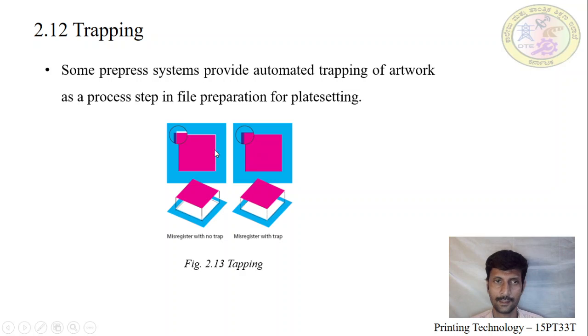See, when printing cyan and magenta ink, if there is misregistration, it will create a white patch instead of one overlapping the other. This is with no trapping, and this is with trapping. Without trapping, a white patch will occur. Misregistration is possible. To avoid it, we use trapping.